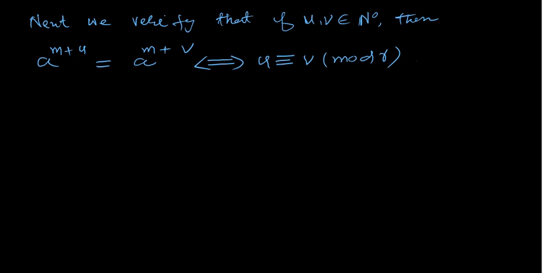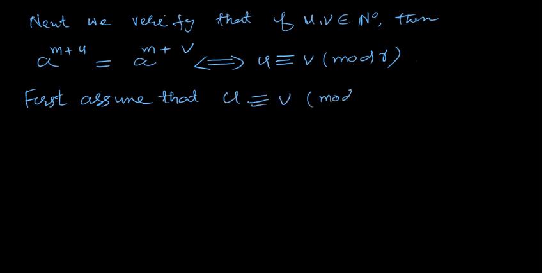So first assume that u is congruent to v mod r.